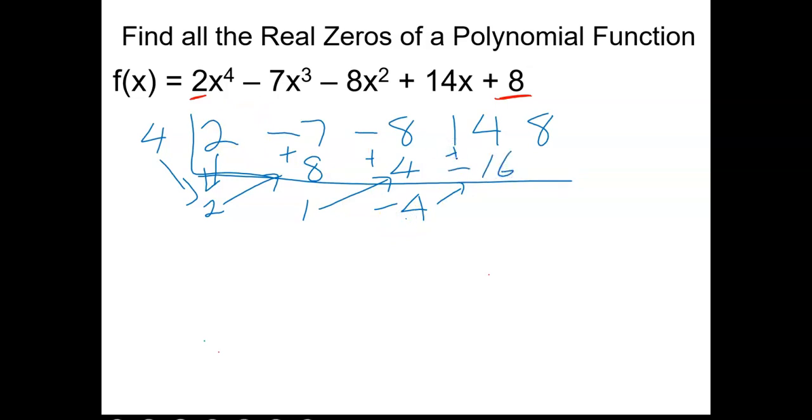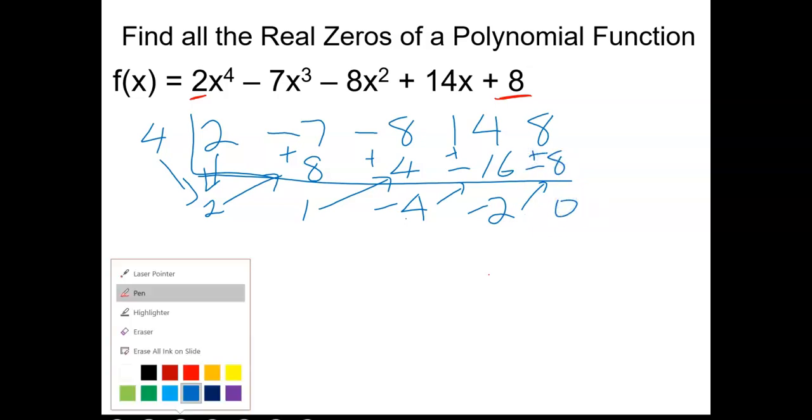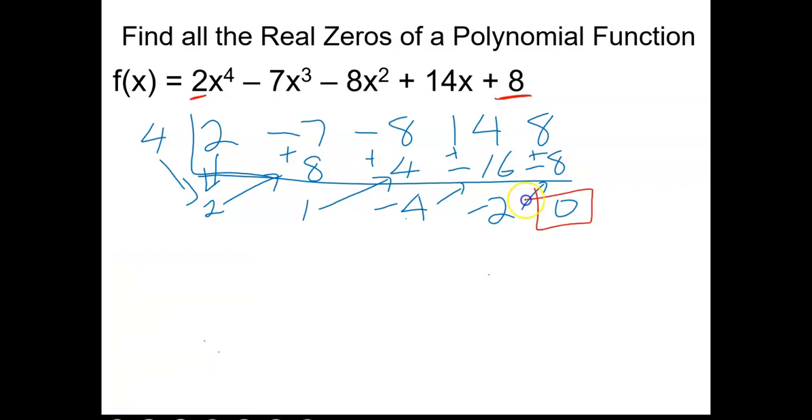We add, we get -2. And then 4 times -2 is -8. We add, we get 0, which we expect anyway because we already know that 4 is a 0. So we should get a remainder of 0.